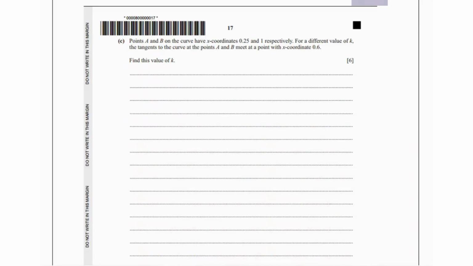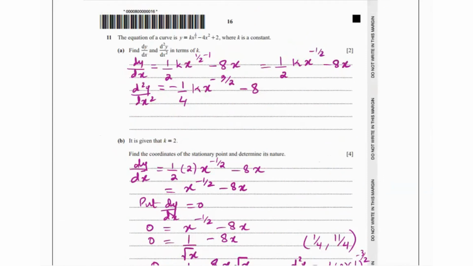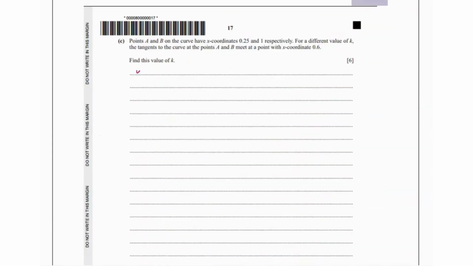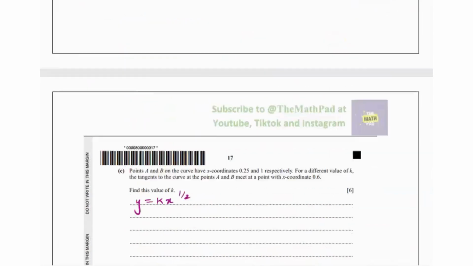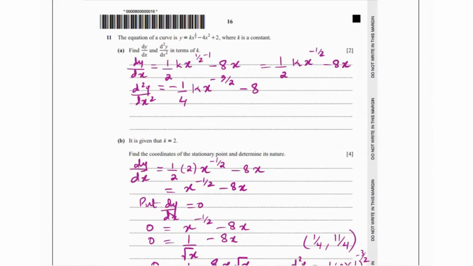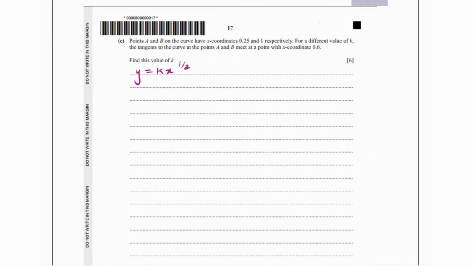So let's use this information, put it in the curve equation, and find the corresponding y values in terms of k first. So the equation was y equals kx to the power of 1 over 2 minus 4x squared plus 2.